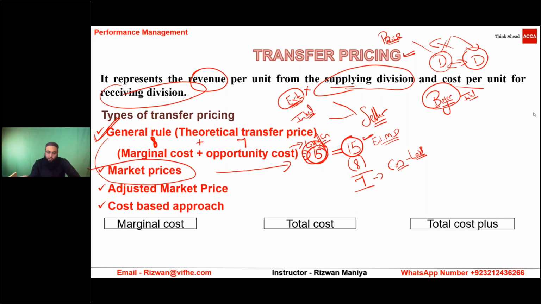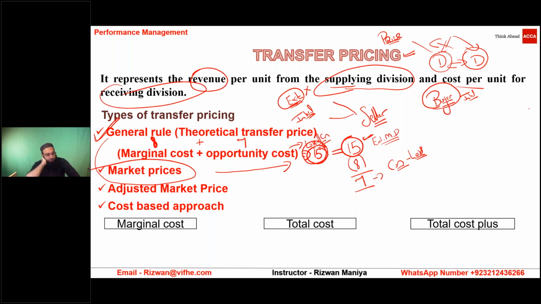Now, did you like my example and understand what I said here? First, confirm with me about this, then I'll move on. Understood what I said? So the general rule indirectly brings you to the external selling price.